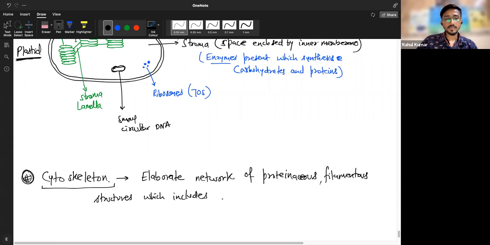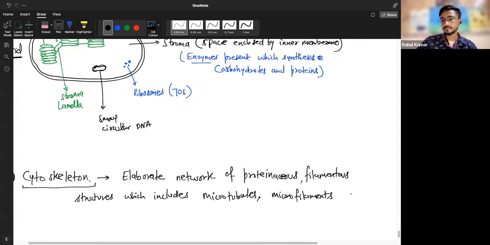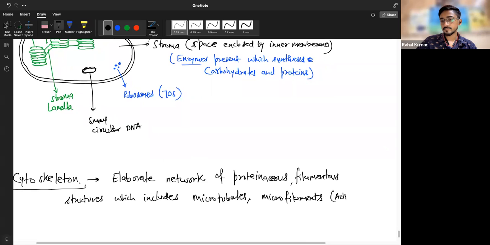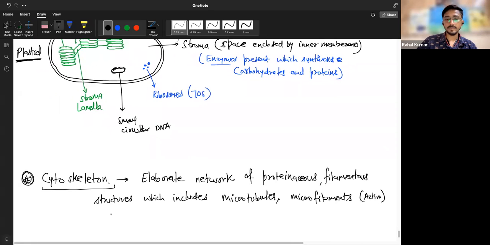The first one is microtubules, then microfilaments, also known as actin filaments. And the third is intermediate filaments.